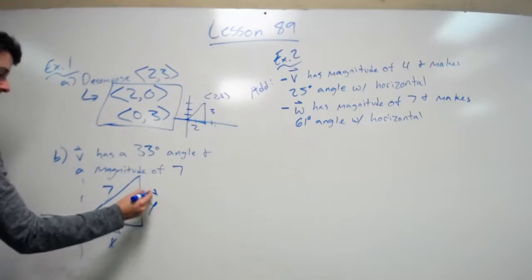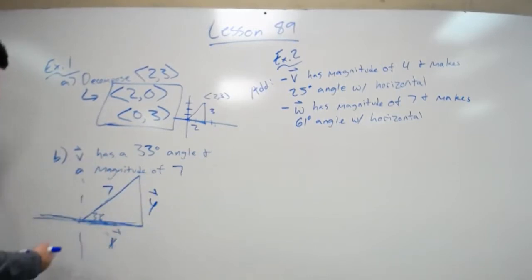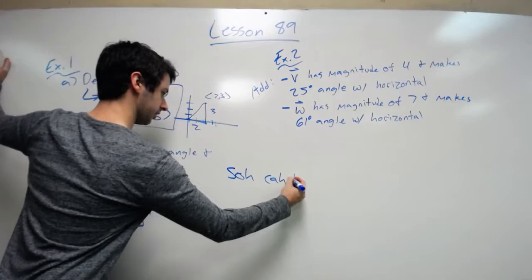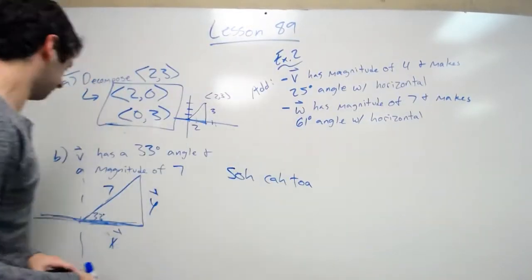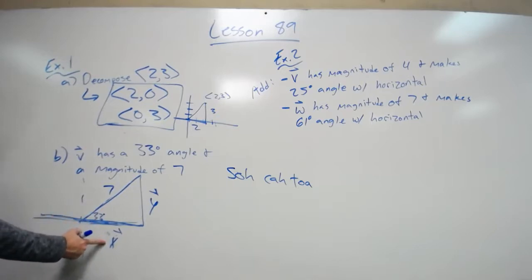To figure out x and y, all we're going to do is use trigonometry. In SOHCAHTOA, to find x, from 33, I'm going to need to use the adjacent and hypotenuse.